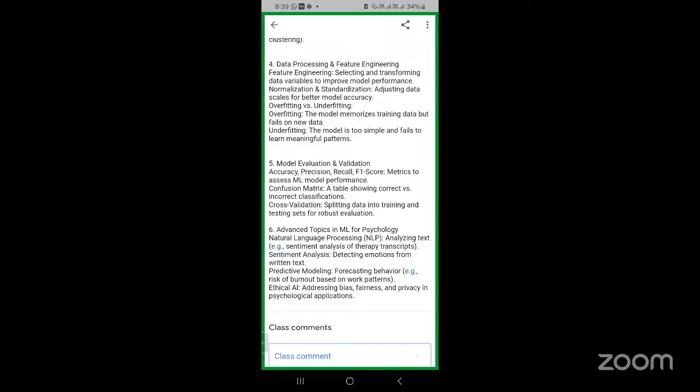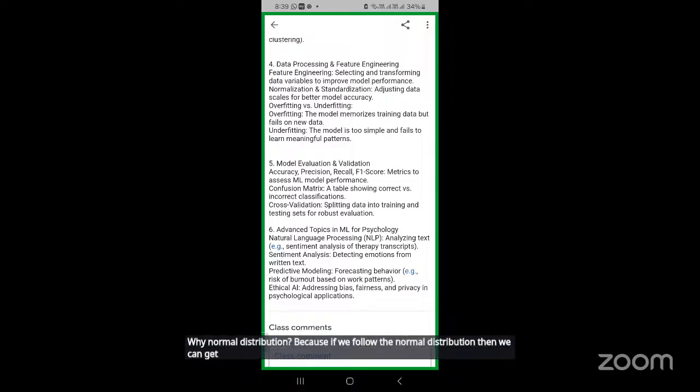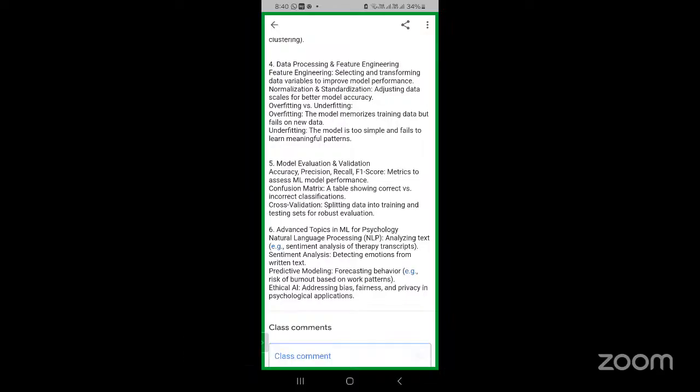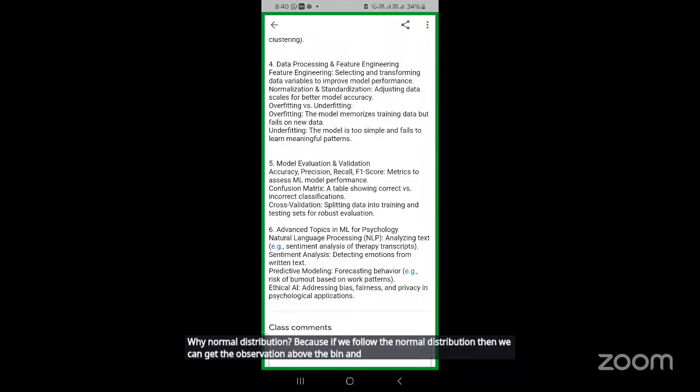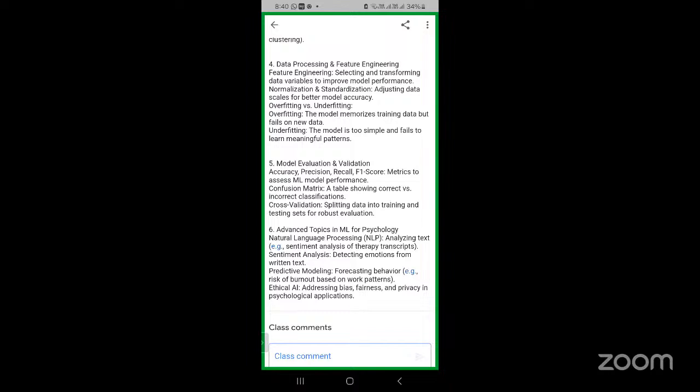Why normal distribution? Because if we follow the normal distribution, then we can get observations above the mean and below the mean. So you are able to cover all sorts of people of your population. The data will not be very much skewed. So more categories are important.